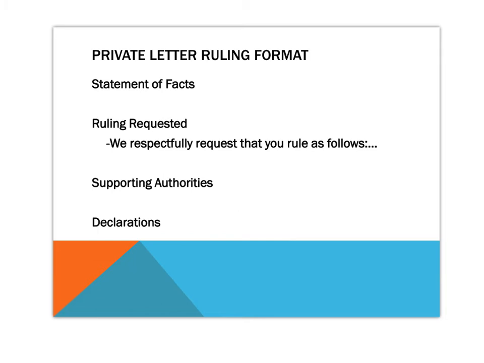With a private letter ruling, this is a request to the IRS. All right, so you're sending this request directly to the IRS, and you're asking them for permission to do something that is an open transaction. So this has not transpired yet, but you're asking for permission.